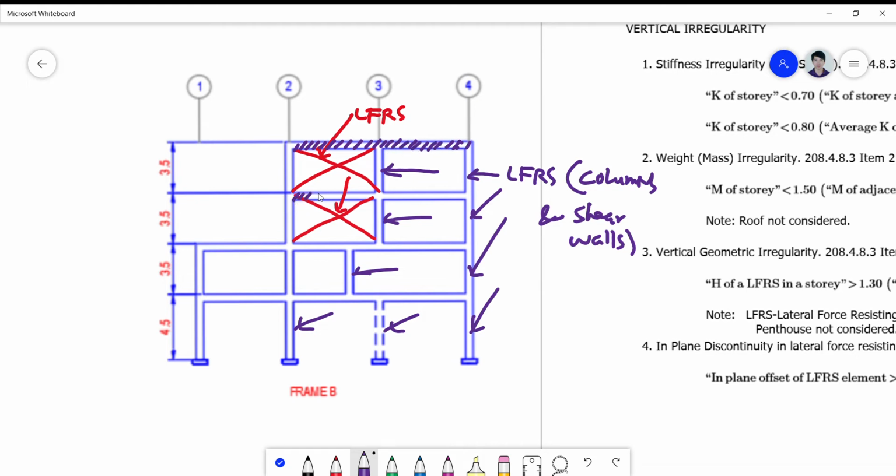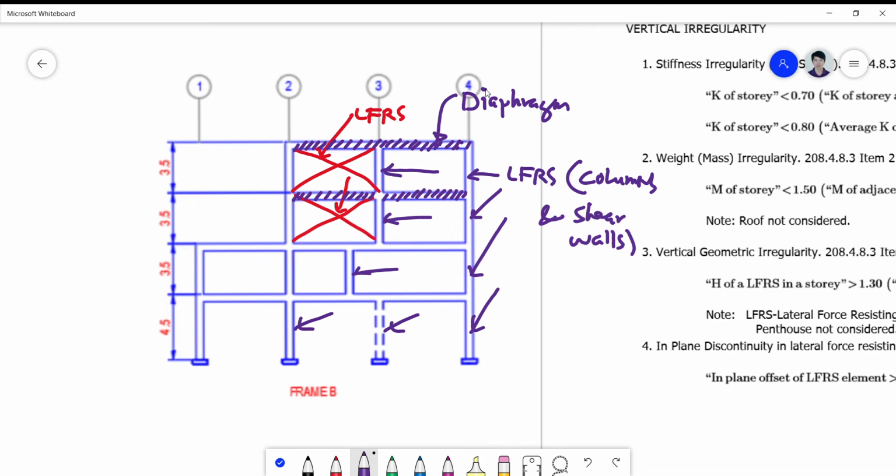So you call this now your diaphragm. So a diaphragm is very essential since it is the one that's holding your LFRS together. Okay, so if there's no diaphragm action, the LFRS will not behave in harmony to resist earthquake forces.